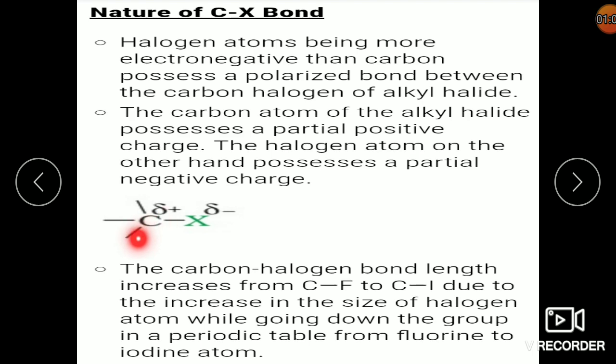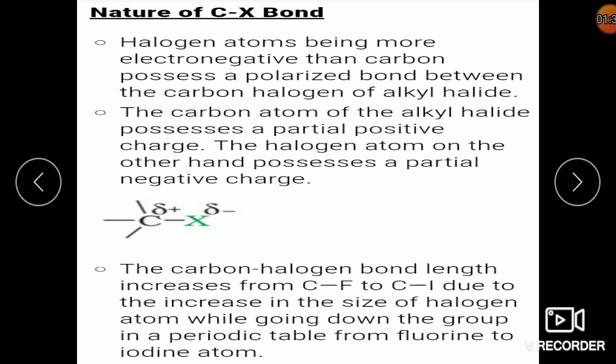And here carbon is deprived of its shared electrons and hence accumulates some positive charge. So basically earlier it was a covalent bond with equal sharing, but due to the electronegativity difference between carbon and halogen, the bond becomes polar. Partial charges develop along the two poles of the bond.